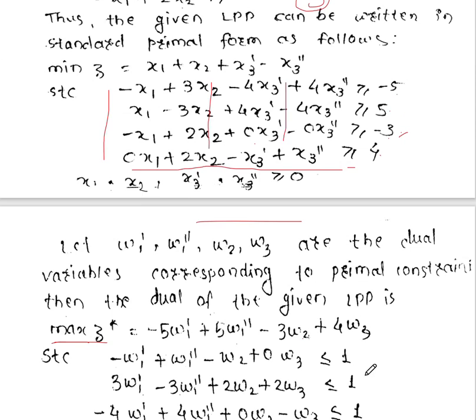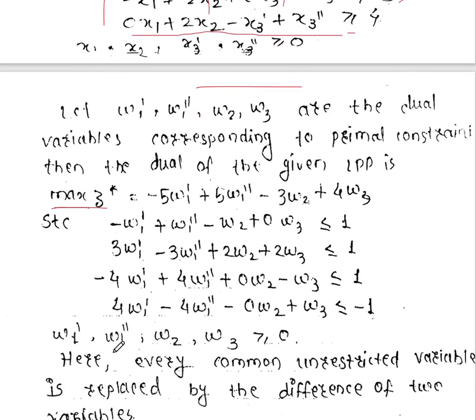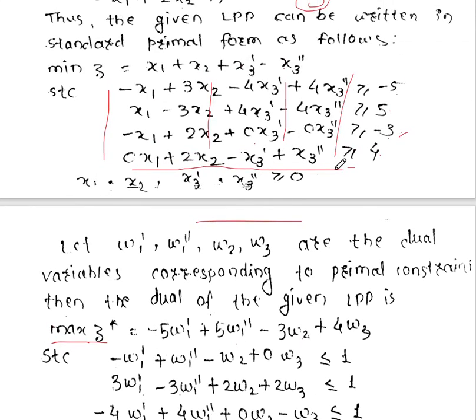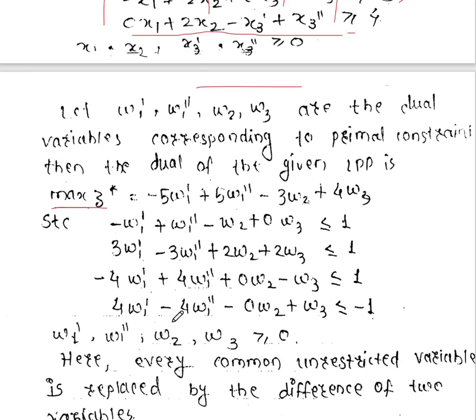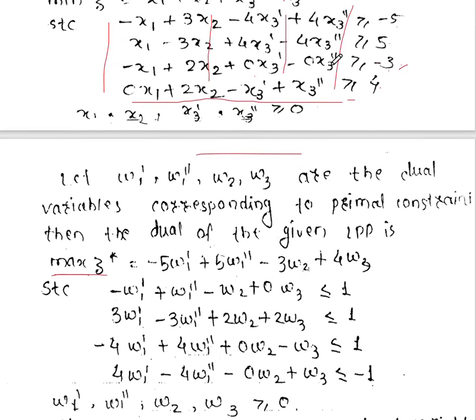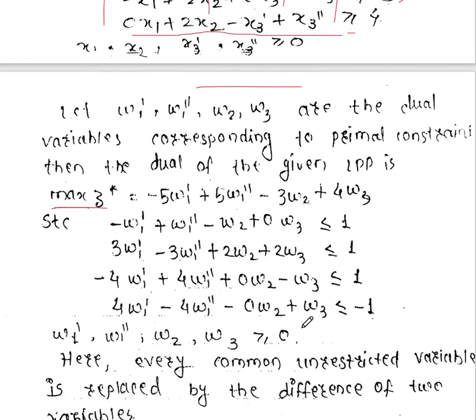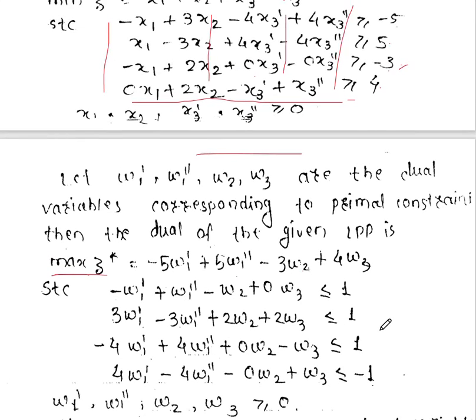So these 1, 1, 1 are the coefficients of x1, x2, x3 and x4. Then the last column: 4 w1 dash minus 4 w1 double dash minus 0 w2, because the w2 term is absent here, plus w3 less than or equal to minus 1.